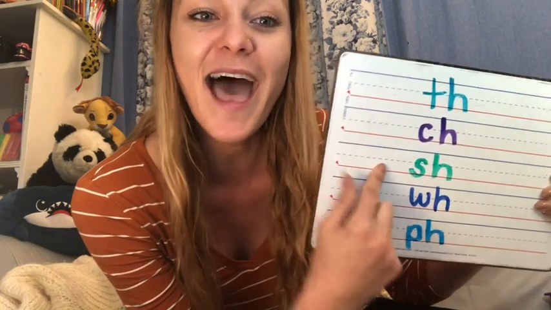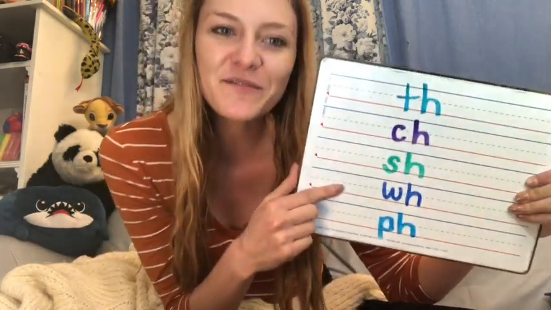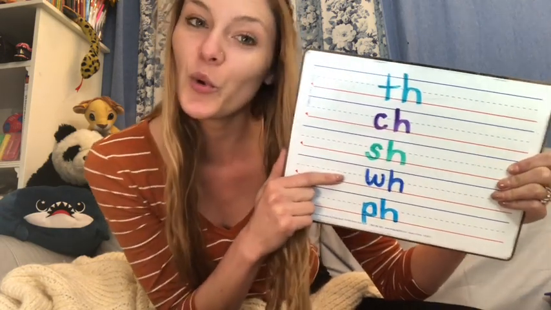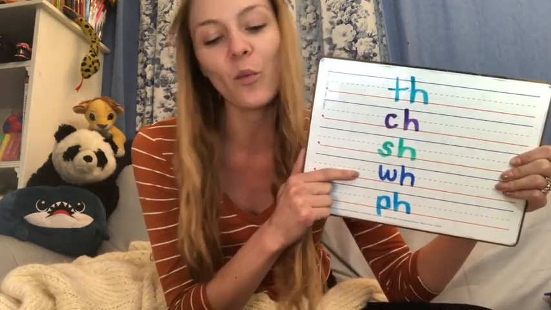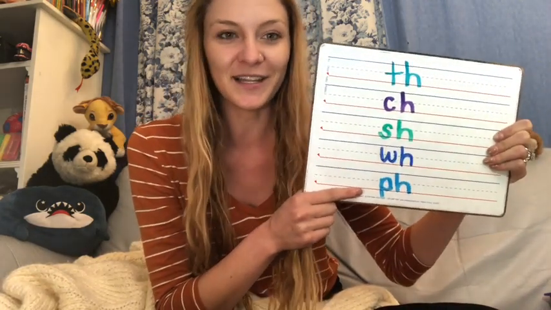And then we have SH, and when SH comes together, it says shh, like you're trying to tell someone to be quiet, you're hushing them. SH says shh. And then we have WH, which says wh, kind of like in who, what, when, where, why, and also in words like whale or which. And then finally PH, which we already said was in digraph, phone, phonics, and elephant.